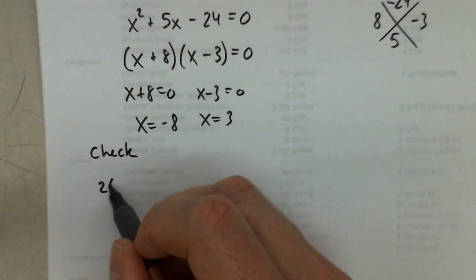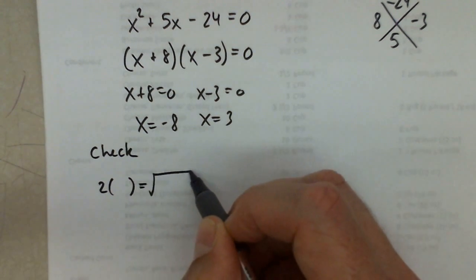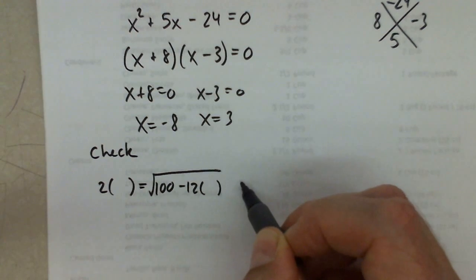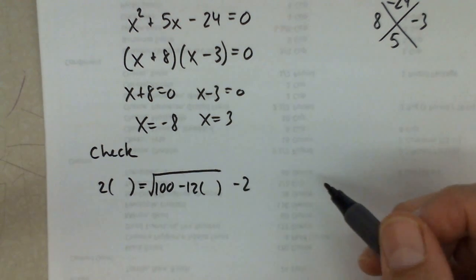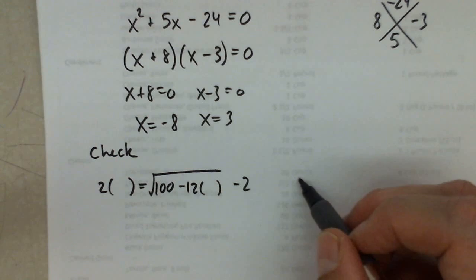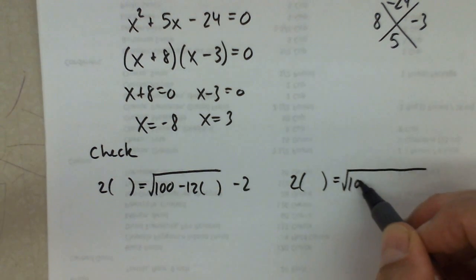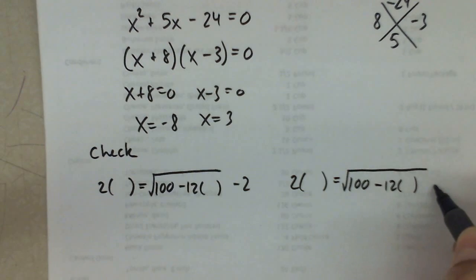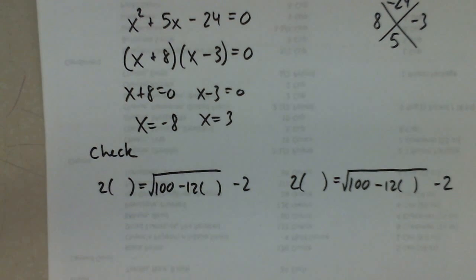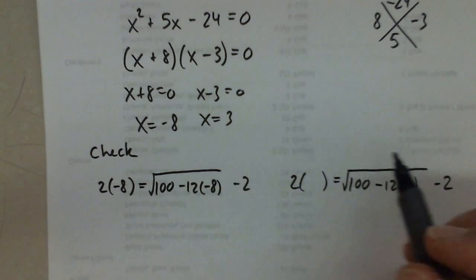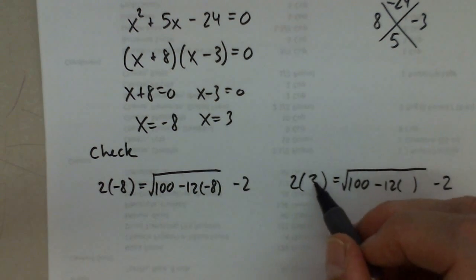Here's the original equation. Alright, and then we'll check. So let's put negative 8 in there, and we'll also put 3 in.